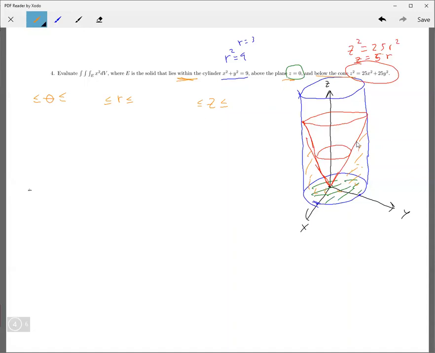So you draw a vertical line segment. I guess I should have drawn it to there. Okay, so you draw a vertical line segment. What's the bottom of the line segment going to be?